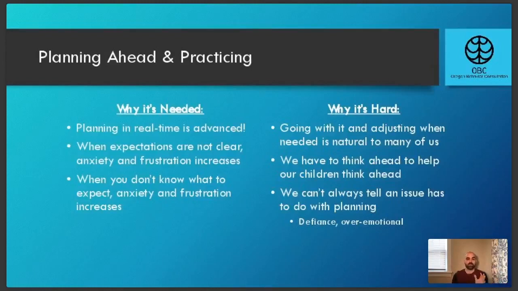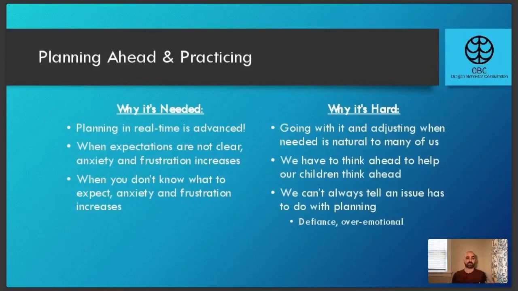So we want to understand that for somebody with an FASD, or really any developmental disability, when expectations are not clear, when they don't know what to expect, that's going to increase their anxiety or their frustration. And most of my clients with FASDs, they have anxiety issues, and that makes sense because they're constantly being expected to use these skills that, again, we can take for granted, but that they don't have.